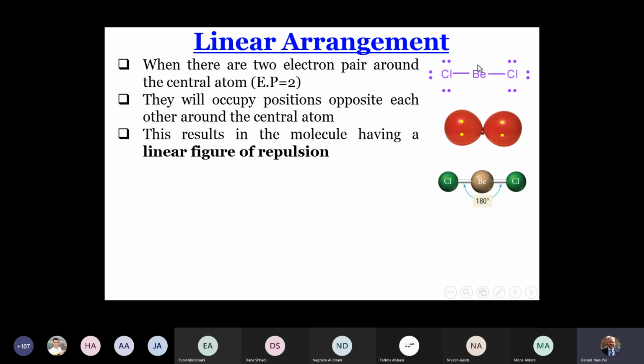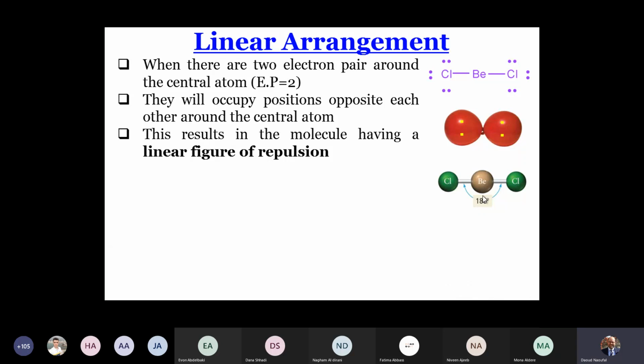And since we don't have lone pairs around beryllium, the geometry is the same as the figure of repulsion, and the geometry is also linear. When we talk about geometry, we have to determine the angle Cl-Be-Cl, or outer-central-outer atom, which is equal to 180 degrees. So this is the linear arrangement.